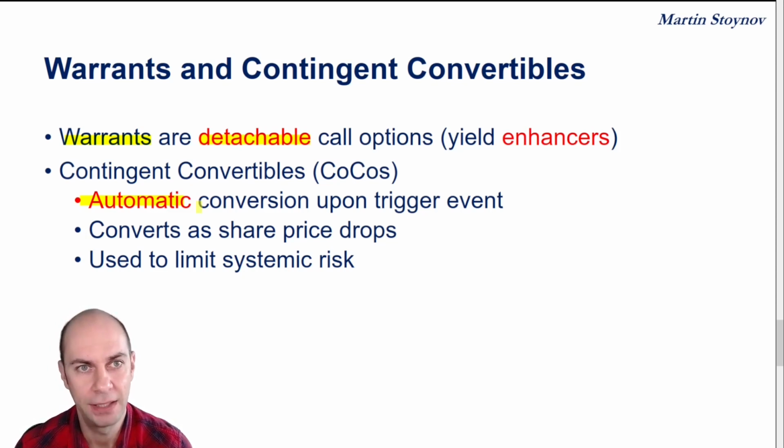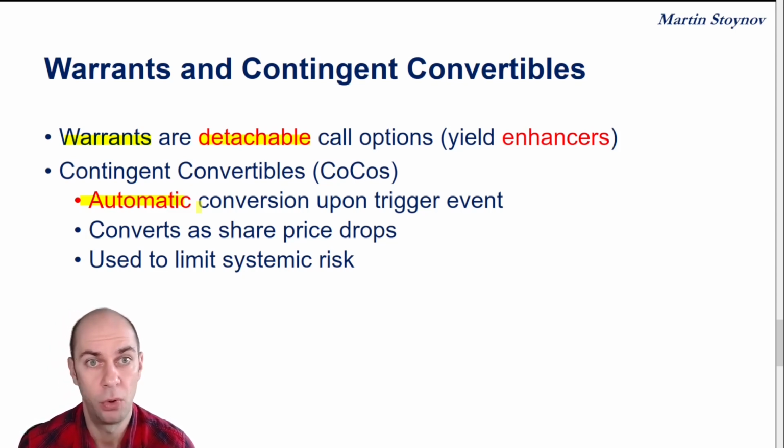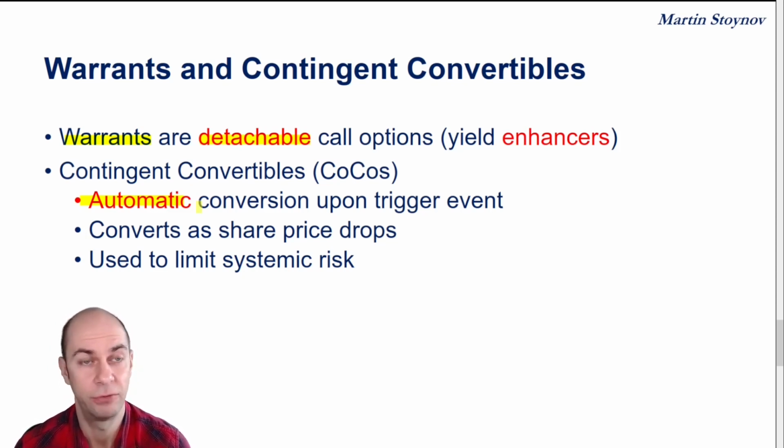If the bank breaches an important capital ratio, like, for example, the Tier 1 equity capital ratio, then the bond will automatically convert from debt into equity.